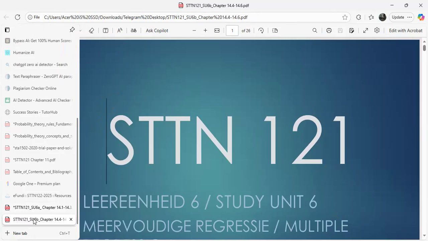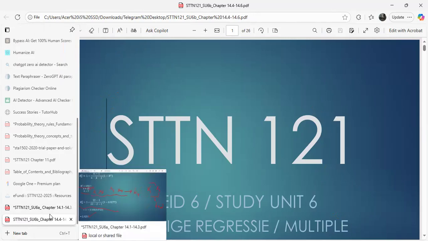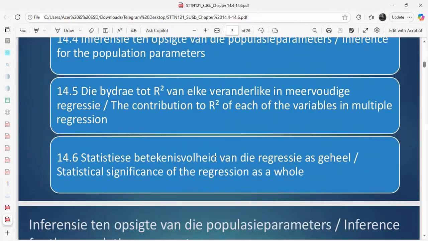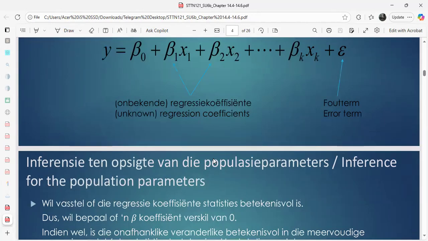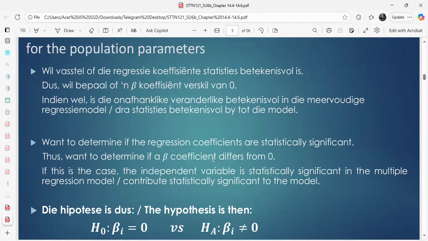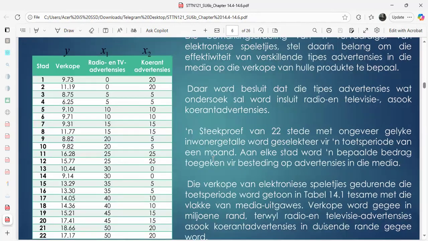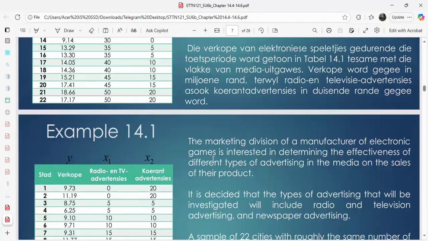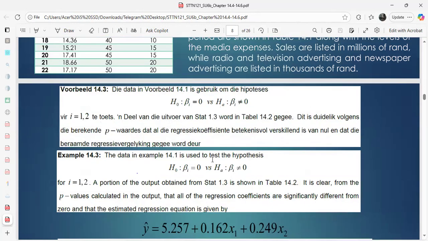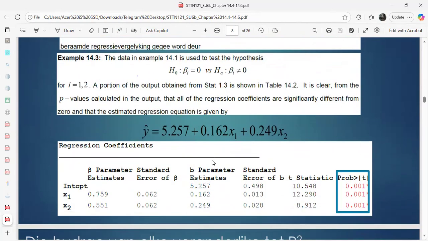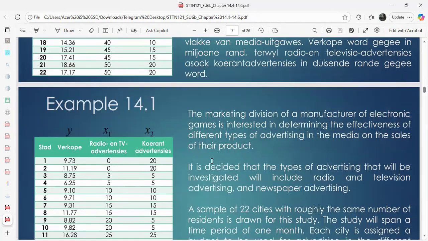Let's go and look at this one. Let's check. Okay, this part that I want to explain.